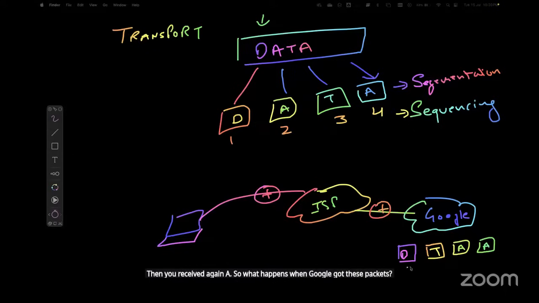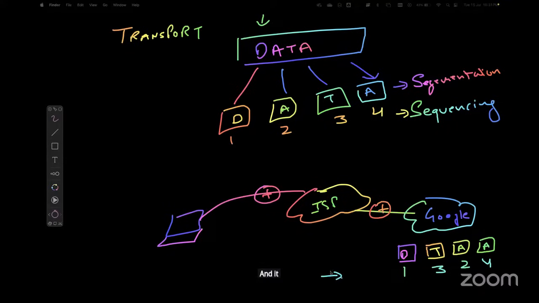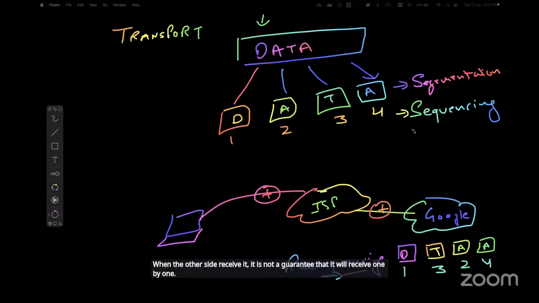It will just resequence the packets, because this is the first number, this is second, third, fourth. This is resequencing. So when the other side receives it, there is no guarantee that it will receive everything one by one in the correct order.